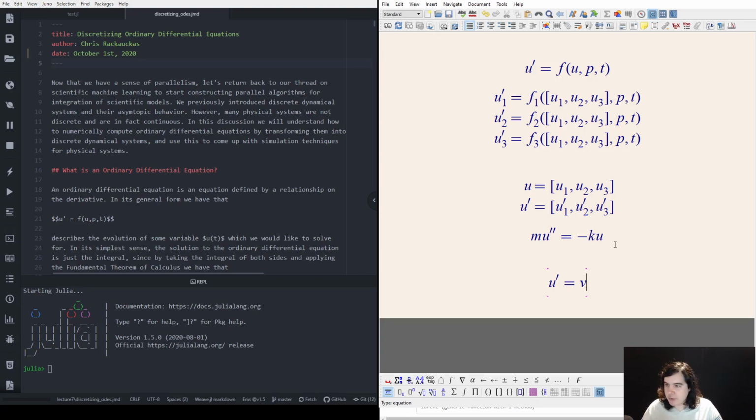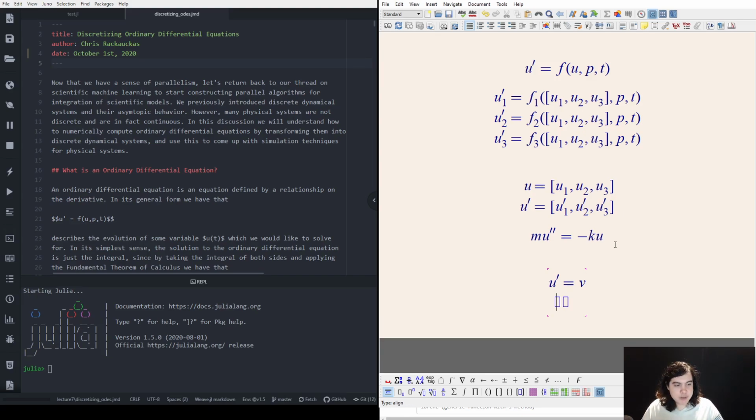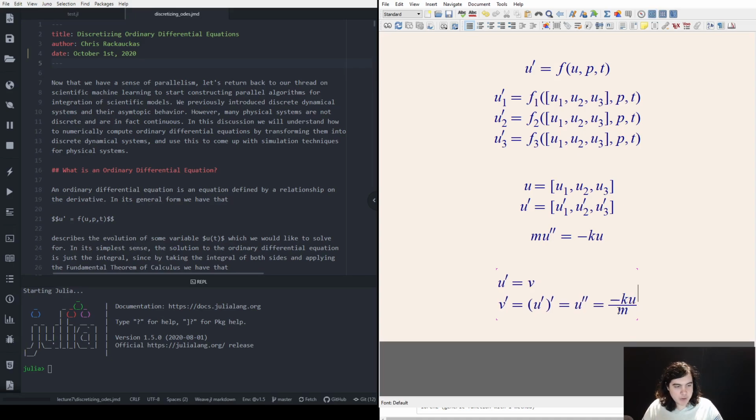And so if we let u prime equal v, then what is v prime going to be? Well, v prime is u prime prime, which is the same as u double prime, which is equal to minus ku over m, right?